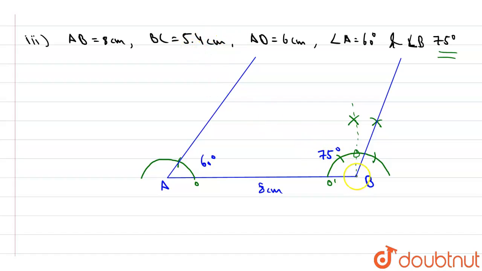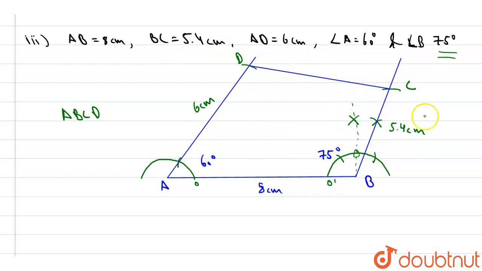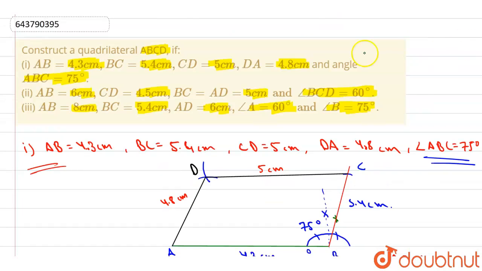So from B cut an arc of 5.4. This is the 5.4 centimeter named as C, and AD is 6 centimeter. From A cut an arc of 6 centimeter named as D. This is the 6 centimeter. Join C and D. So it means we have made the quadrilateral ABCD of the required measures and angles. So these are the constructions.